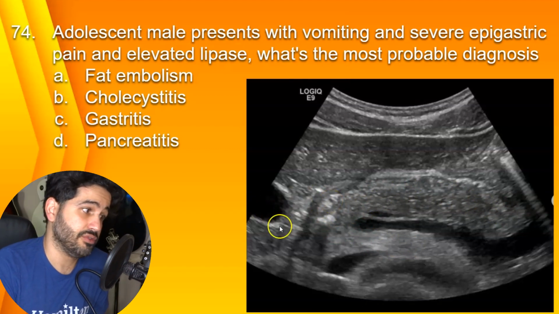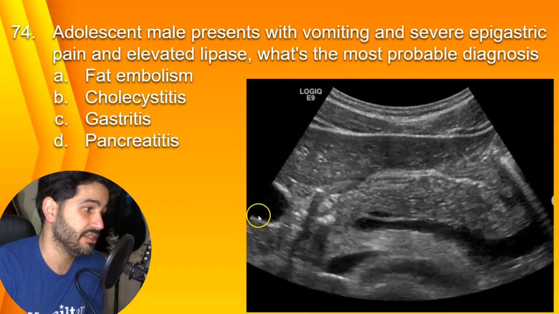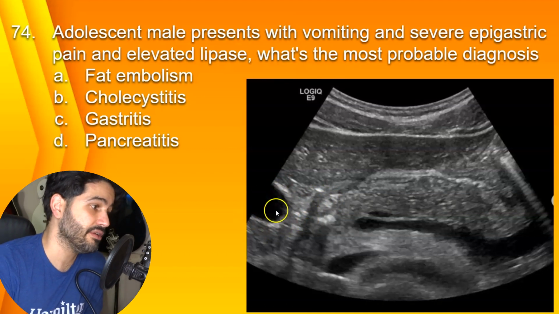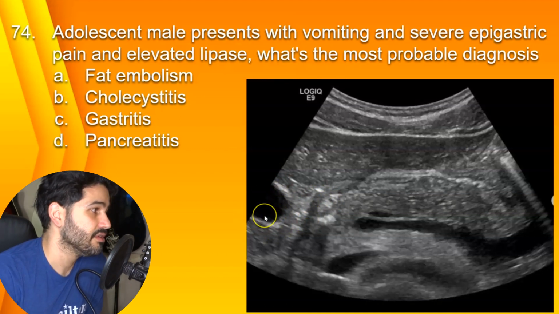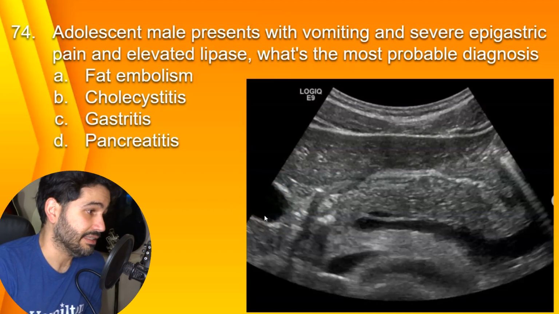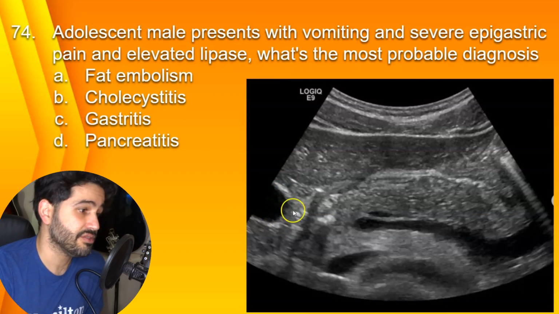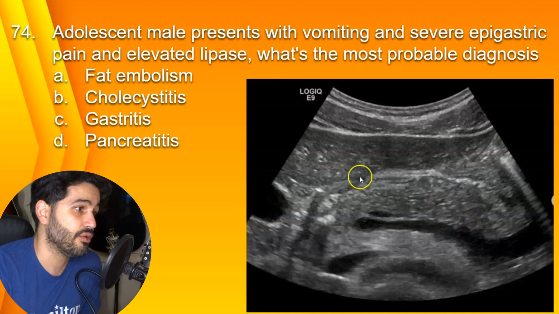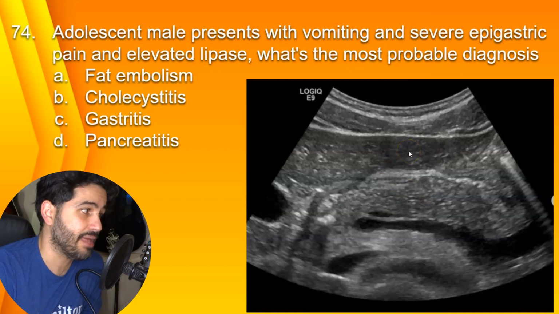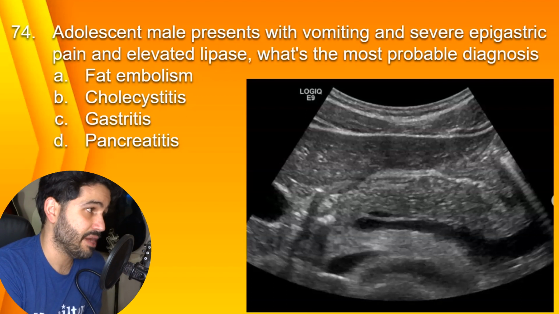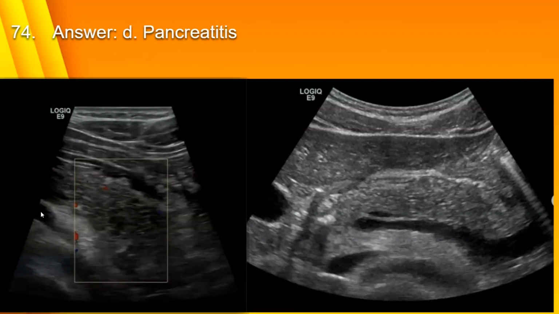You see a piece of the gallbladder there without any gallstones. So cholecystitis is probably not the answer. I don't see any gastric tissue here or any evidence of fat embolism. So your best answer would be D, pancreatitis, especially with the elevated lipase.